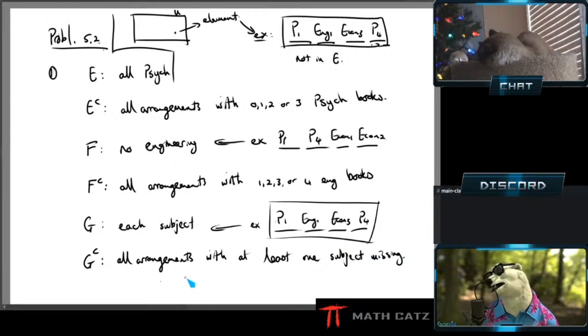Could be all psychology books. Then engineering and economics are missing. Doesn't have to be. I could just miss one. Something has to be missing. Otherwise, if nothing's missing, it's in G. Together, they have to make everything. So it's really just a spin on that negation question, if you remember the start of 142.